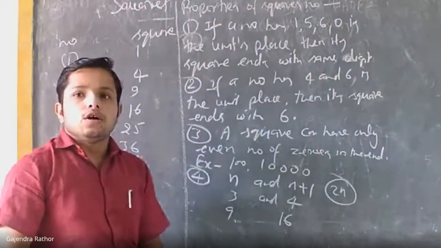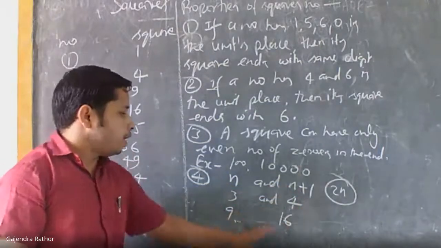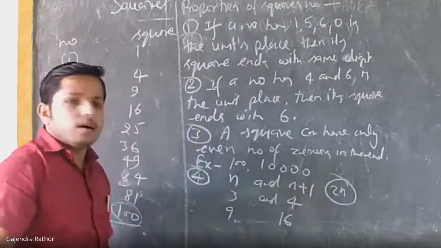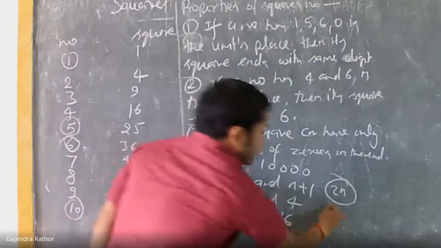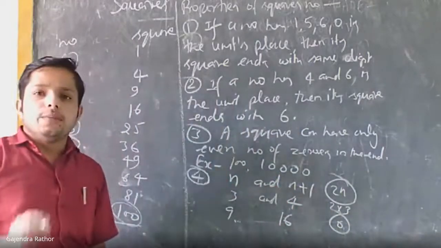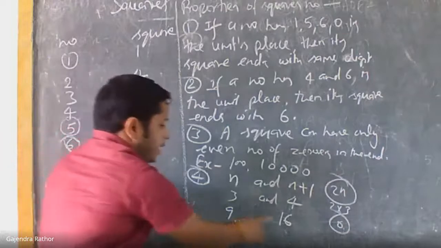It means 2n non-perfect square numbers lie between 9 and 16. So n is equal to 3, 2 multiplied by 3 is equal to 6. It means there are 6 numbers between 9 and 16.